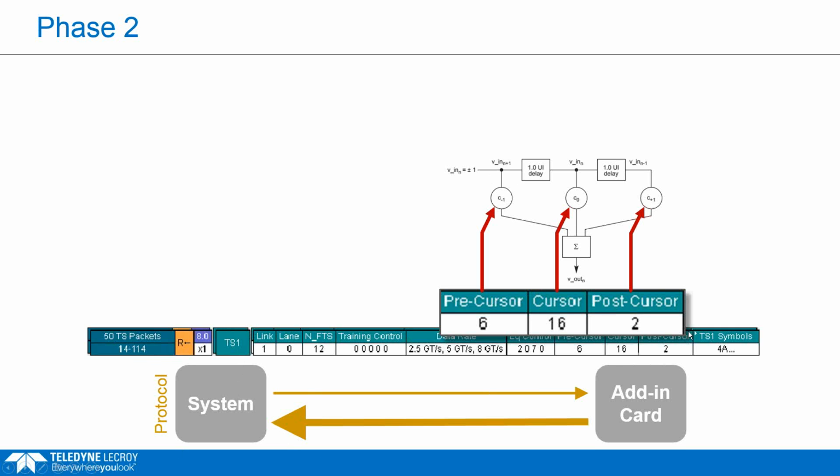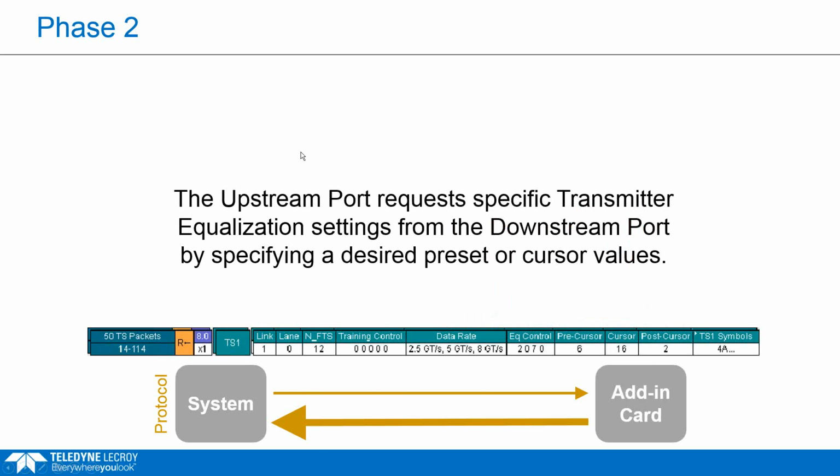We can read all that from this packet from our protocol analyzer trace. Again, summarizing what's happening: the add-in card is requesting a certain cursor coefficient setting in the system's TXEQ.